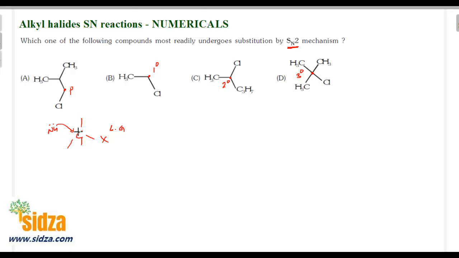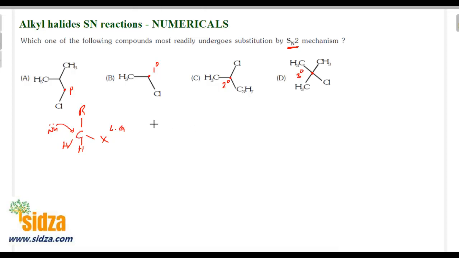Generally the primary alkyl halides, with one alkyl group and two hydrogens, or three hydrogens only, prefer the SN2 mechanism, because the crowding is not too much. If you have a bulky group around this carbon, then the nucleophile will find it very difficult to approach the carbon and replace the halogen.